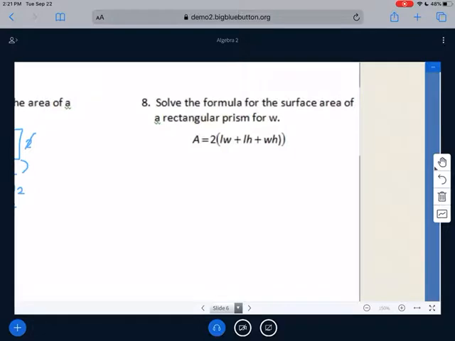Okay, so do we want to distribute the 2 or divide by 2? Okay.